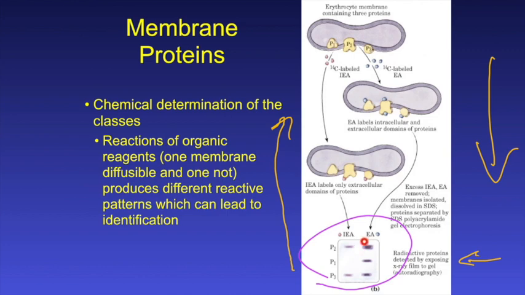This treatment with the AE is a reagent that will react with proteins, but it's able to translate through the membrane. The IAE is able to react on the outside but cannot go through the membrane. So we can see that if a reagent cannot go through the membrane, it reacts with two proteins. If a reagent can go through the membrane, it reacts with three proteins.